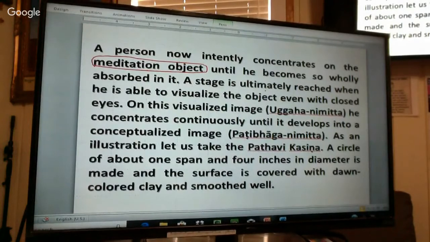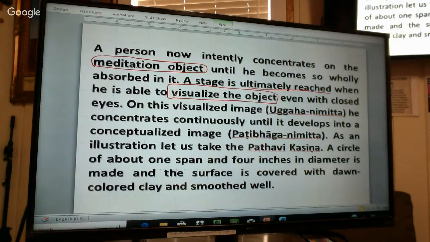So the stage is ultimately reached when he is able to visualize the object. That's important in the samatha meditation. First, you look at the meditation object with your naked eye, and then practice with that object.